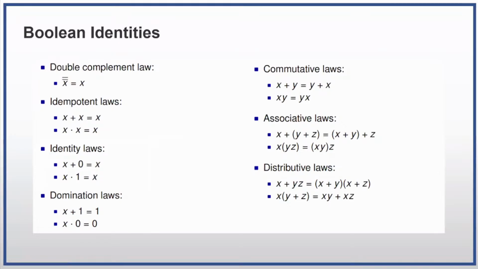So these are the Boolean identities. That means when you are simplifying any Boolean expression, you can use these Boolean identities. The first one is the double complement law.